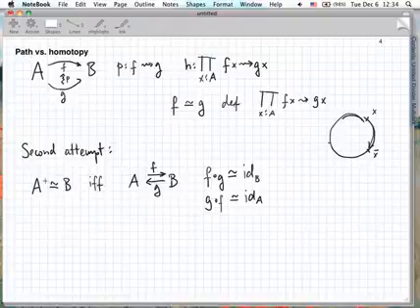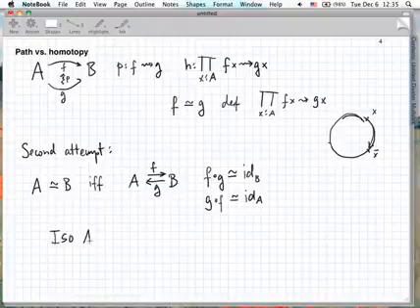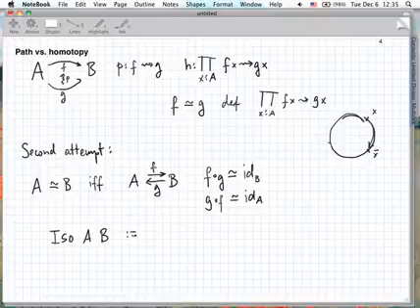So if we wrote down the space of these things, we would say, well, what would you call this? You could just call this isomorphism, right? I mean, if you think about this in a set theoretic way, this is just saying that f and g are inverses of each other, pointwise inverses of each other. So I'm going to call this Iso A B. By definition, it is the space of all such maps.